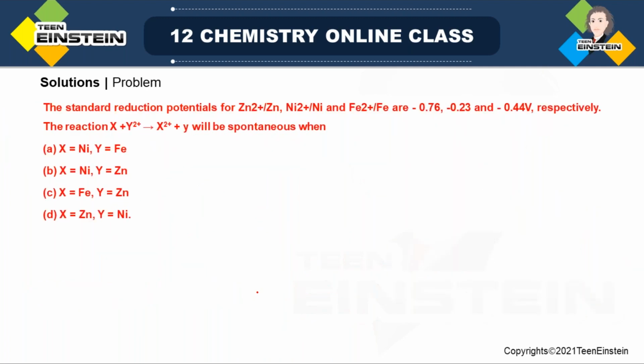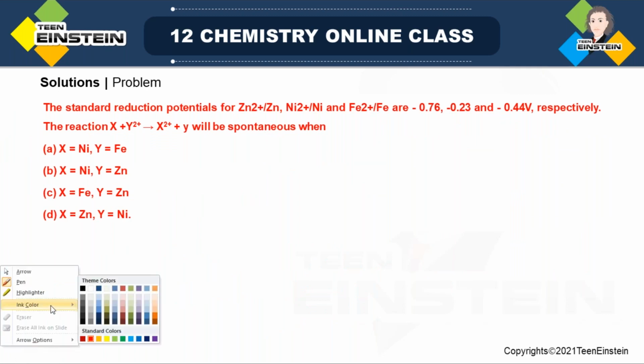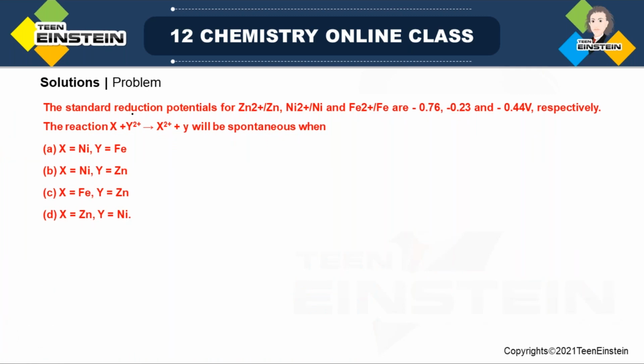Now we have a problem based on these concepts. The standard reduction potential values for these three systems, Zn, nickel, iron, are given as minus 0.76, minus 0.23, minus 0.44 volt. So all are negative. Now suppose we have a reaction X plus Y2+.